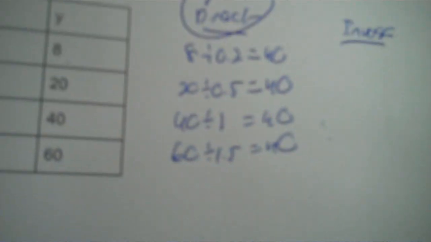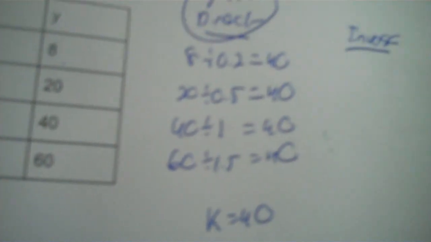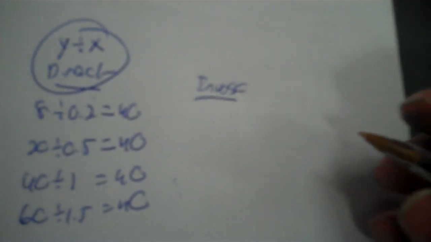This is how you set it up with k being 40. K equals 40. Inverse is y equals k over x. Direct is y equals k times x. So it's y equals 40 multiplied by x.